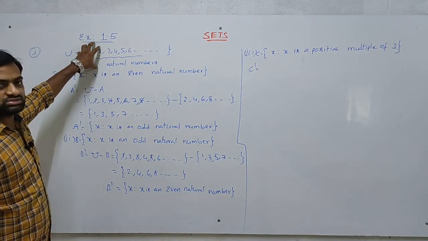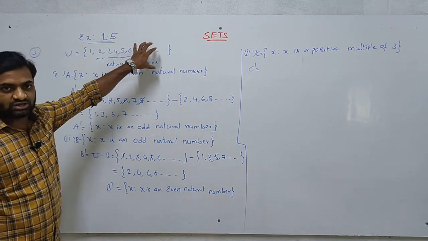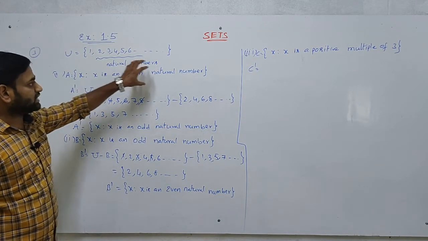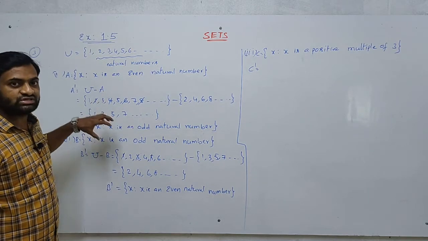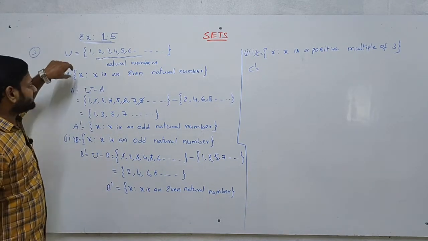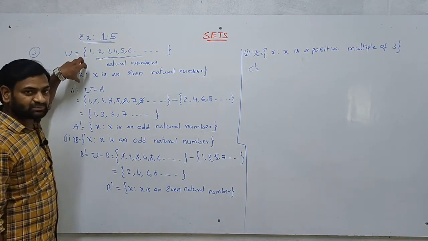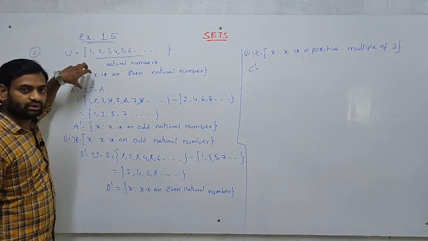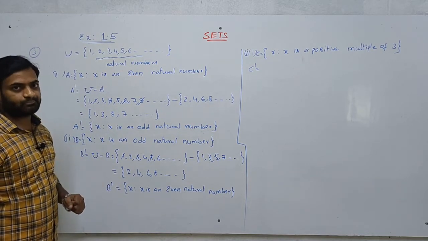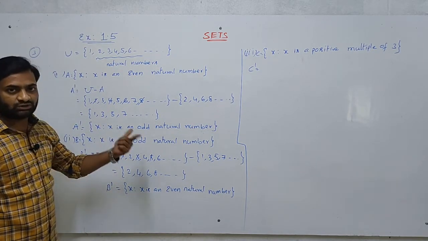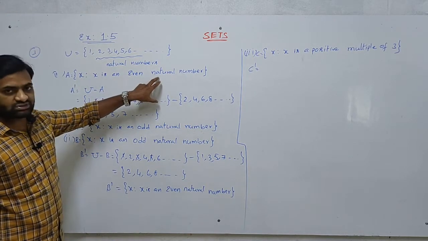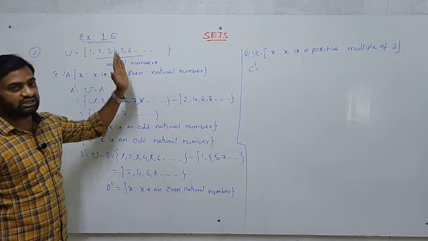Here U is the set of all natural numbers. So A is x is an even natural number. Now what is A dash? It is odd natural numbers. Always remember, A dash means not A, B dash means not B. Not A means A is even natural numbers, not A means not even natural numbers.